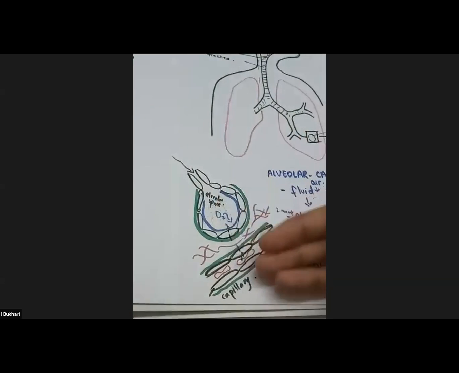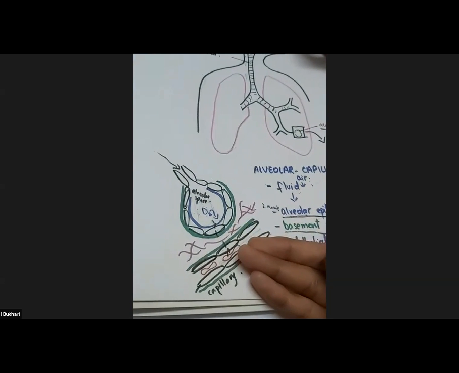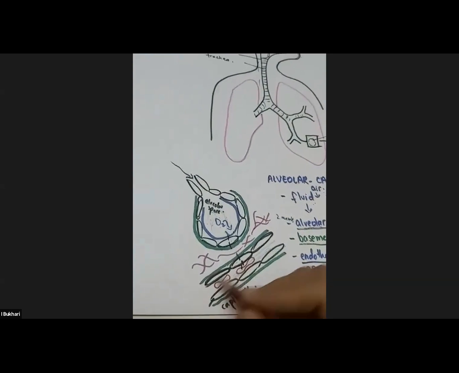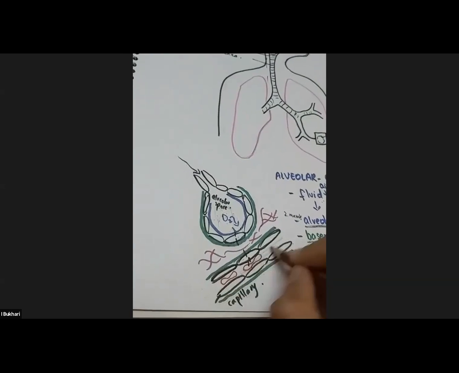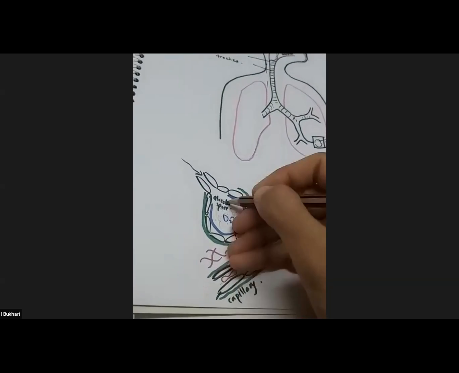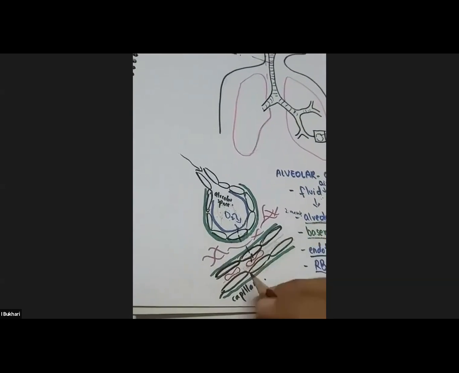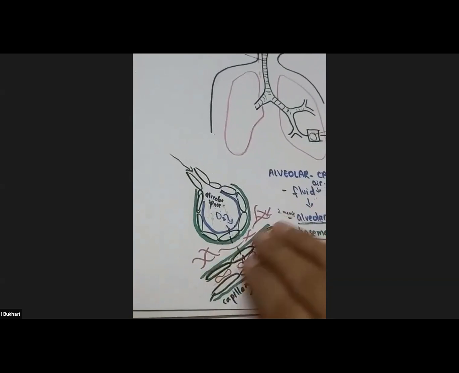Now, in order to create this concentration gradient so that there is diffusion of oxygen this way, we have to make sure that the concentration of oxygen here is low. So the oxygen keeps diffusing. How is that possible? That is possible by constant removal of blood.